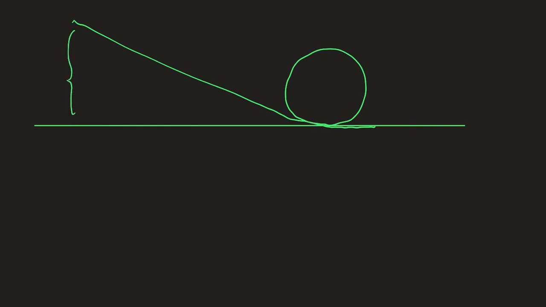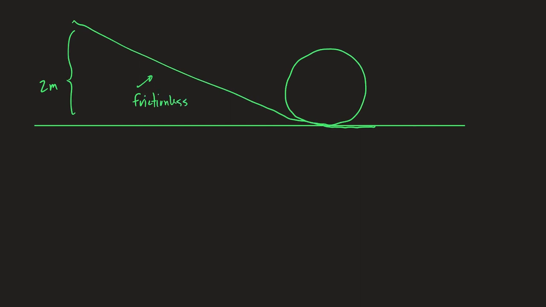Bear with me. Nope, don't like it. There. That's going to have to do. Let's say this is 2 meters high, and we'll say that the track for right now is frictionless.